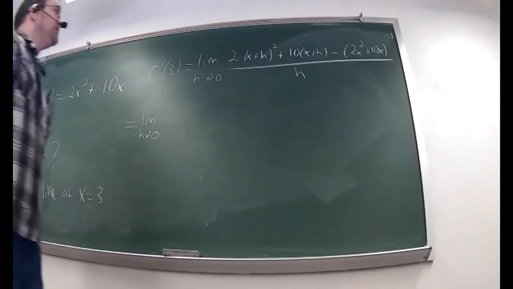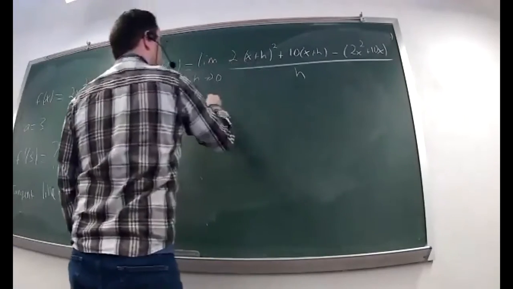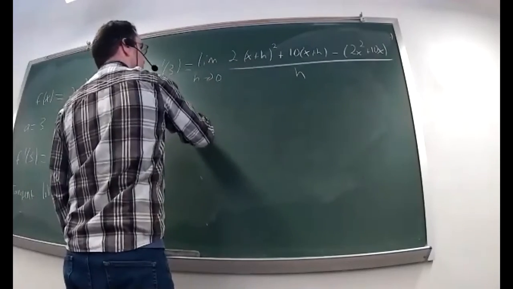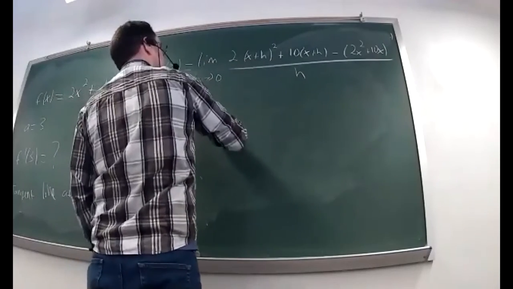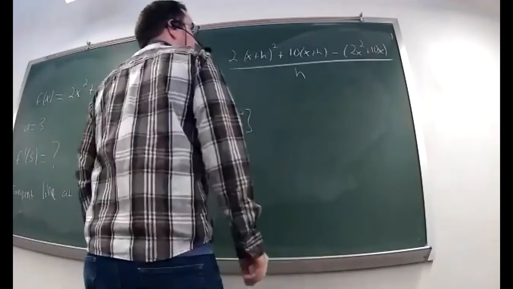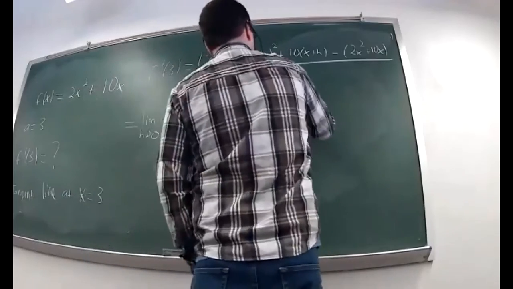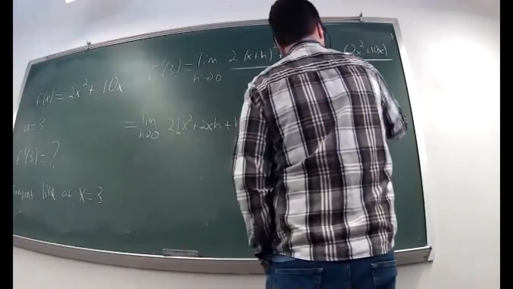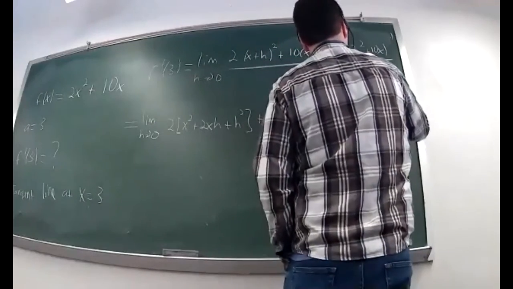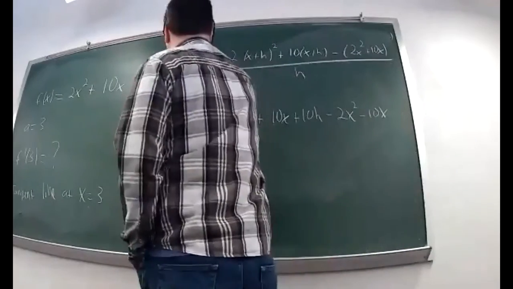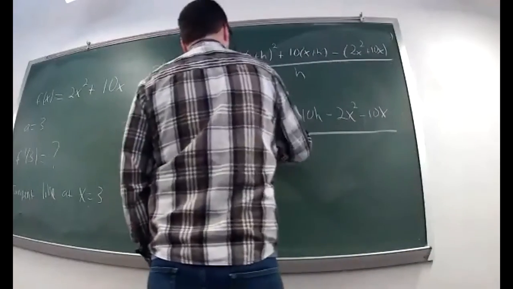Definitely I need to expand this out. So this x plus h squared, that's 2 times x squared plus 2xh plus h squared, and then plus 10x plus 10h minus 2x squared minus 10x, everything over h.